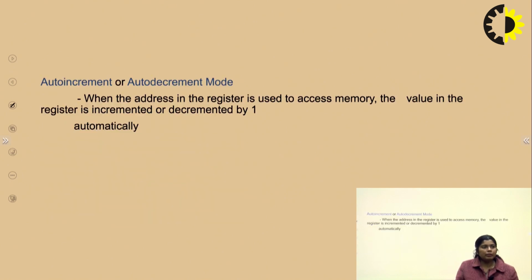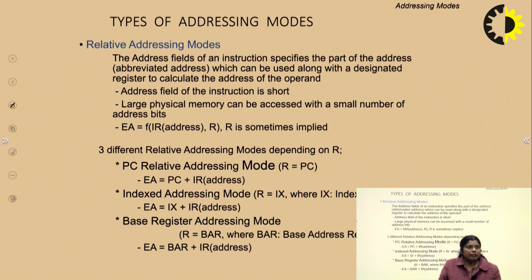In the auto increment and auto decrement mode, we are calculating with the address: address part of the instruction minus 1 and address part of the instruction plus 1. That is the auto increment and auto decrement mode. There is also the relative addressing mode, or base register mode.